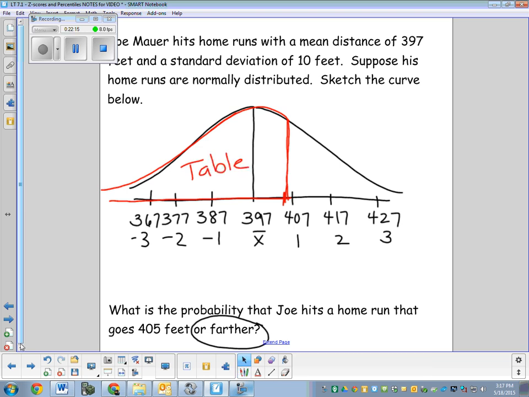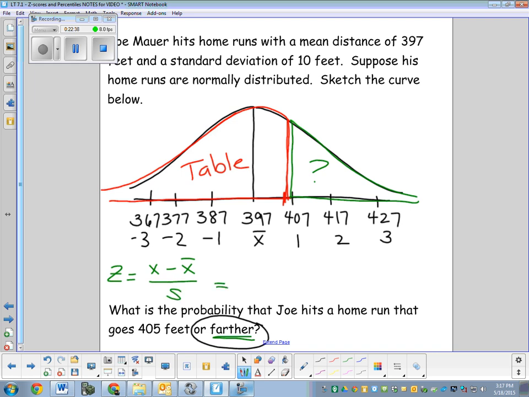But that's not what we want to know. We want to know 405 or farther. We want to know this part right here. So we're going to have to subtract our answer from 100 before we give our final answer. But first things first, let's find our z-score.